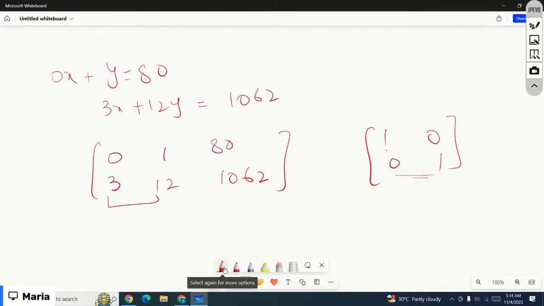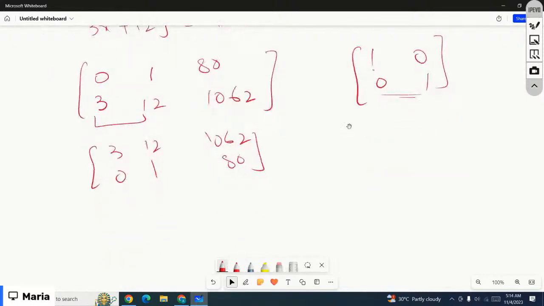I'm going to just swap these two rows, right? 3 12 1062, 0 1 80, right? What I did, I simply swapped row 1 and row 2. Just interchange both the rows, right?